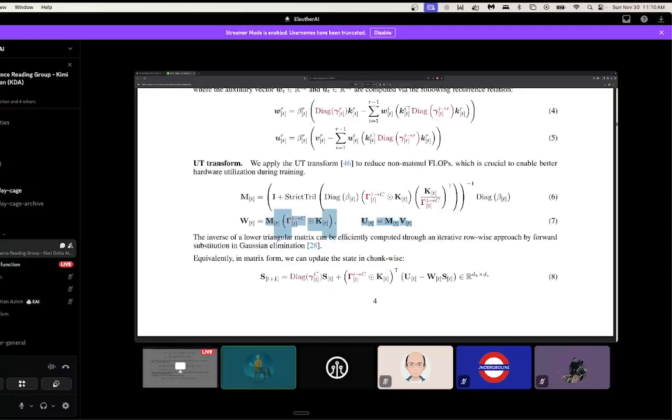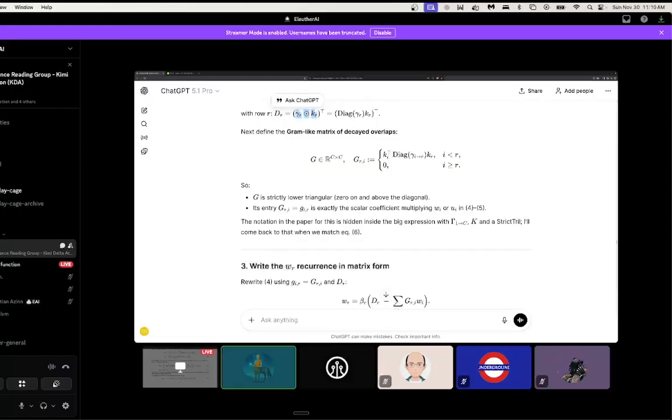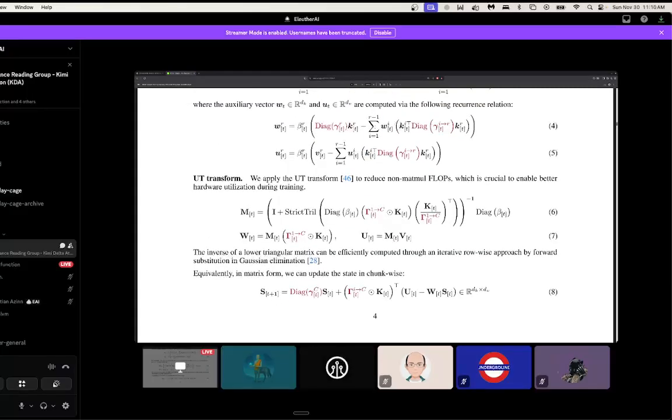We take the beta out the front, and that is exactly our DR. And this is exactly this term here. The order is reversed, but we've got the earlier WIs here, and this is just the GRIs that we were talking about before.